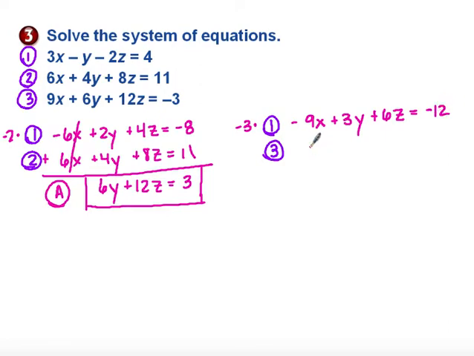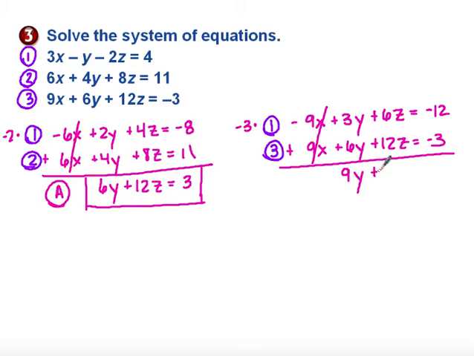And I'm going to leave the third equation alone and add those together. So my x's get eliminated. I end up with 9y plus 18z is equal to -15.